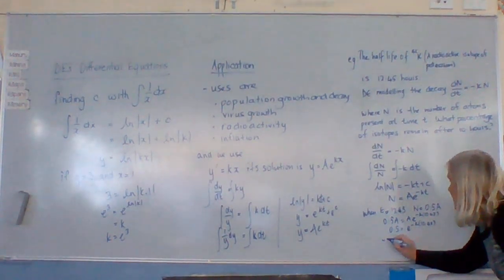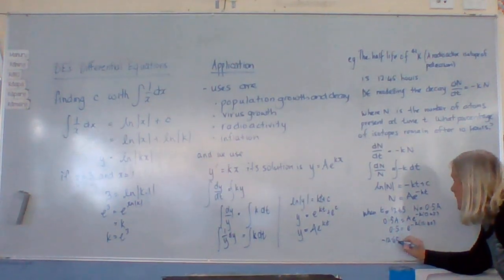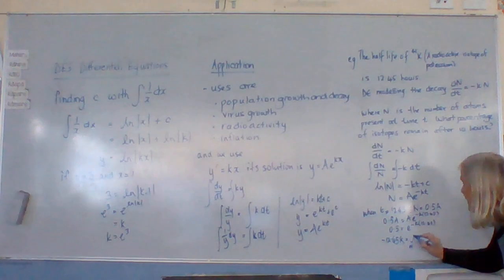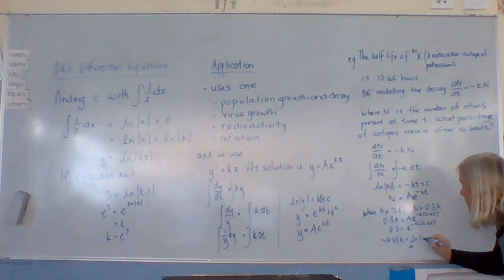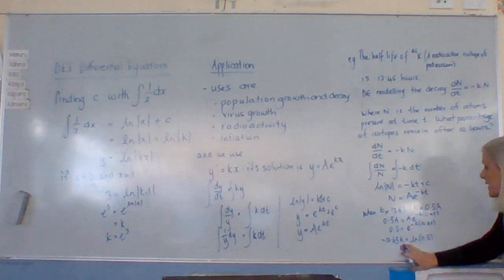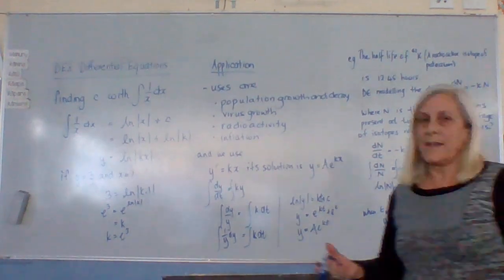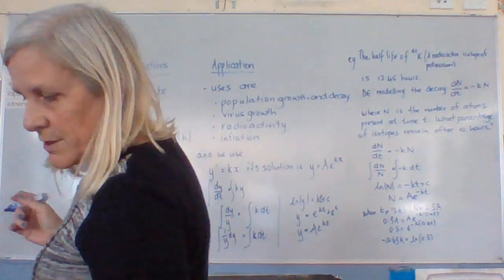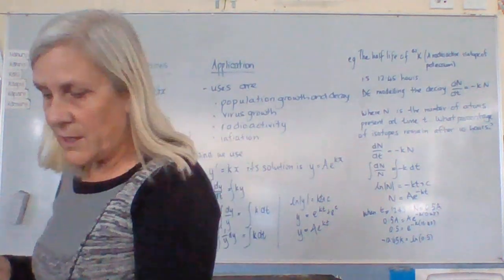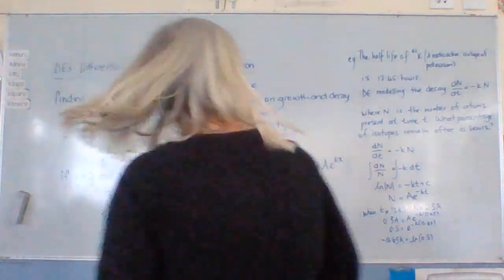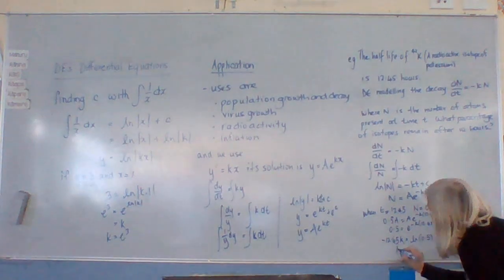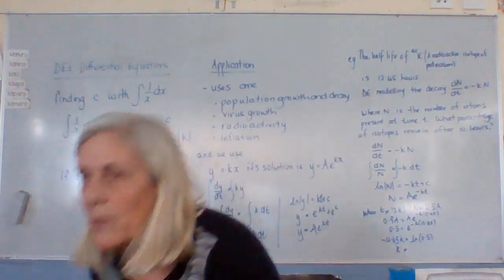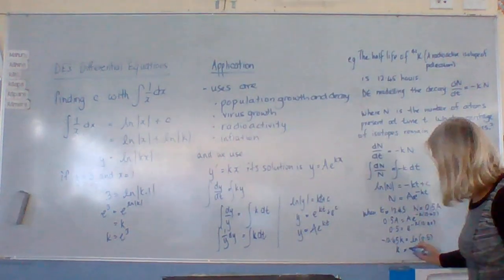So negative 12.45k equals ln of 0.5. And we're going to solve that in our calculator. So we're going to find ln of 0.5, and then we are going to divide that by negative 12.45 and get, hopefully, checking for me, that k equals 0.056.